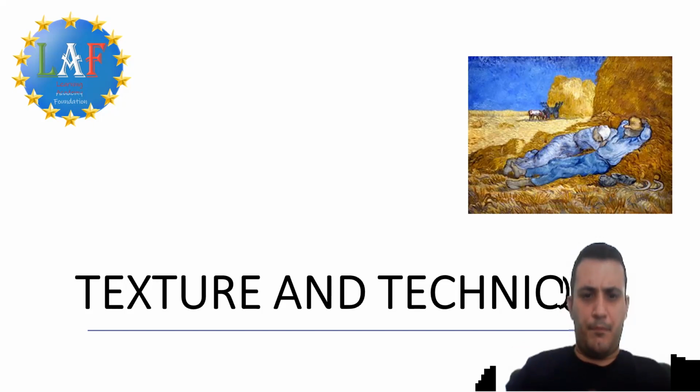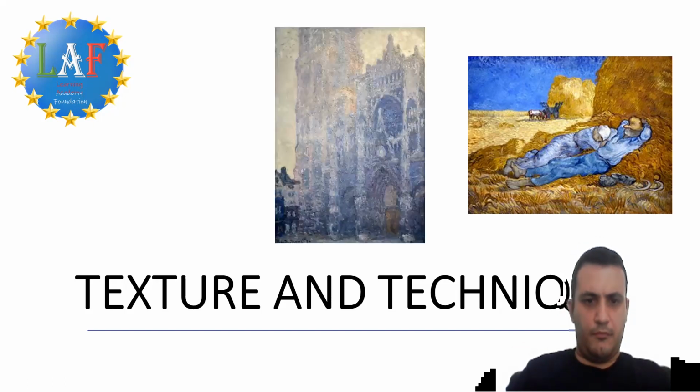Claude Monet used the impasto technique to describe the texture and the light of his subjects. In his series of paintings of Rouen Cathedral, he changed his technique to show different light conditions.